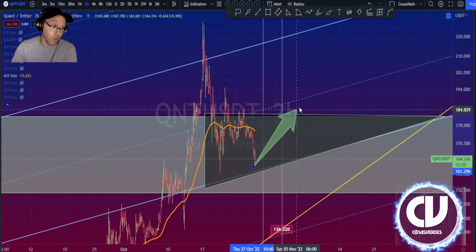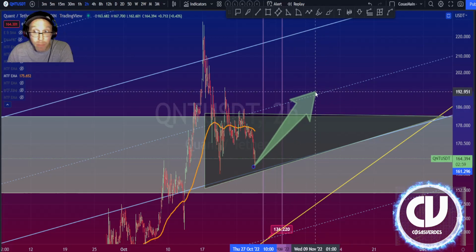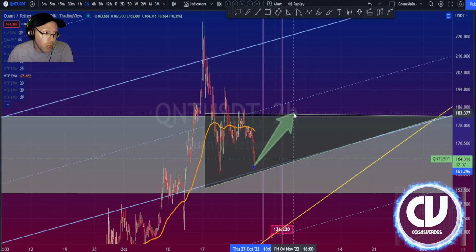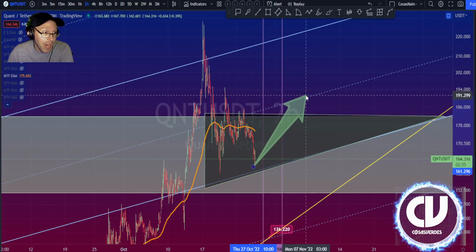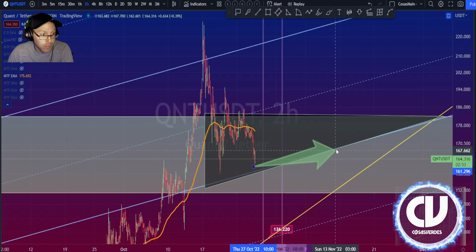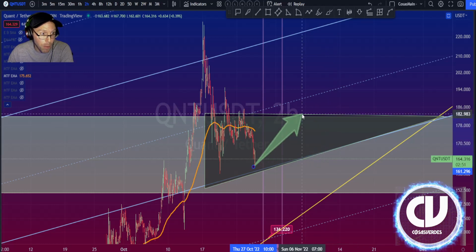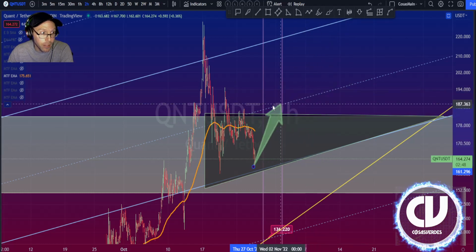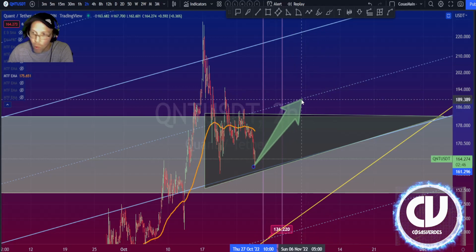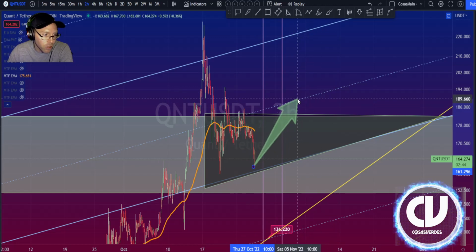That's what these lines are for, because other people don't have them on their chart. So I could see it going up to 190 and then coming back down into the triangle. A bull trap above 180, rejected by my origin line, which is ascending, so it's not a 190 horizontal, but it's close to 190.